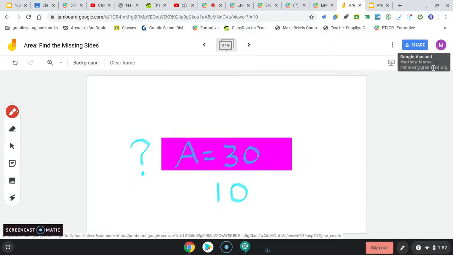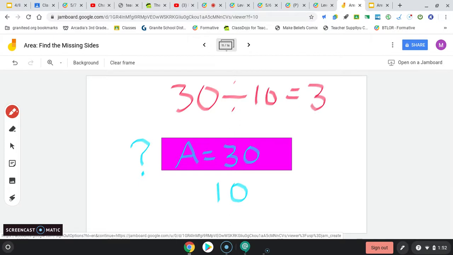Okay, so again, the question mark will move as well as the number we give you, but the steps are the same. Take the number you know, multiply by the unknown to get the product of your area, or take your area, 30, divided by the known number would equal 3.